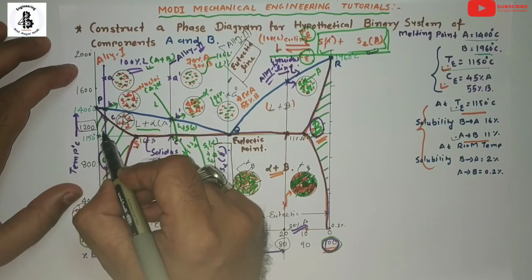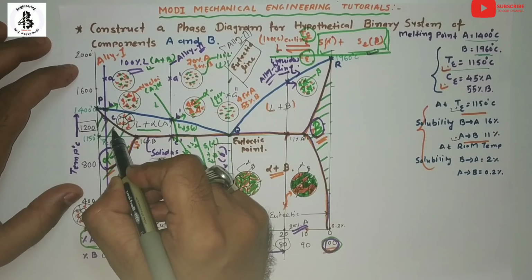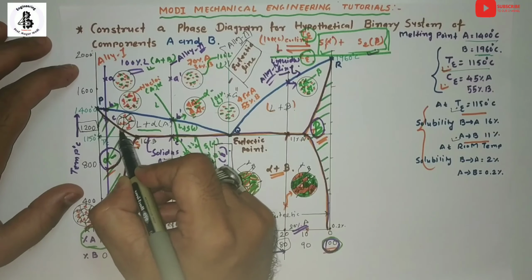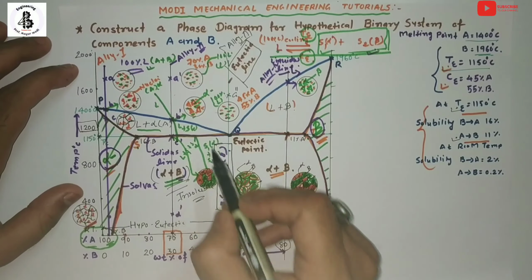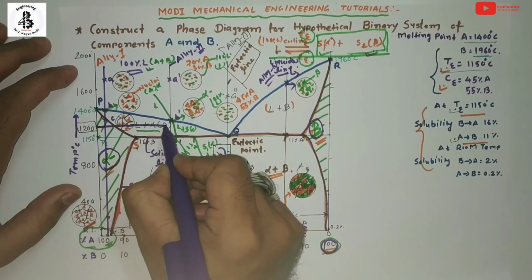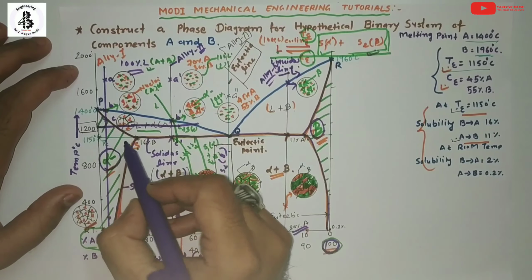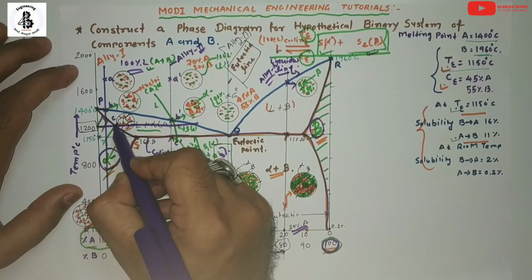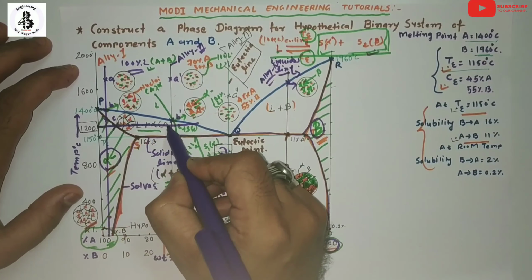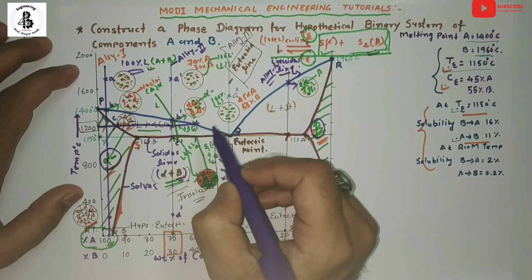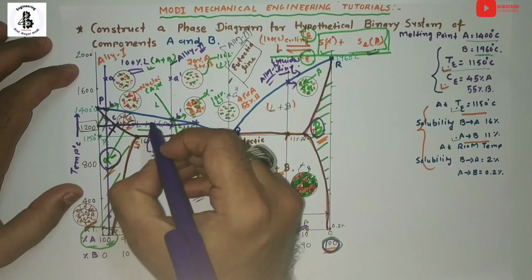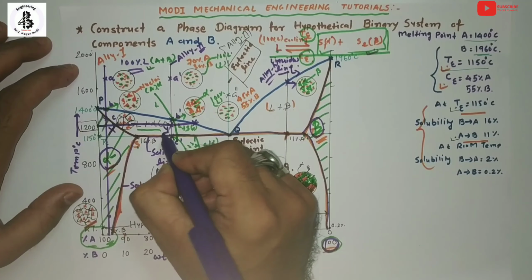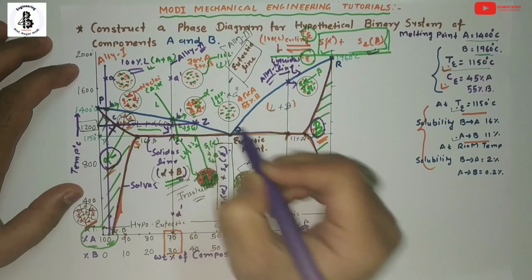So you make one horizontal line which passes through the solidus line, composition line and liquidus line. So let's see. This temperature line will be intersecting the solidus line, composition line and liquidus line. So here it will be the X point on the solidus, Y on the composition, and Z on the liquidus.